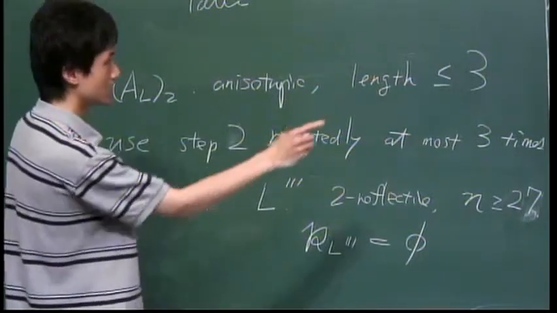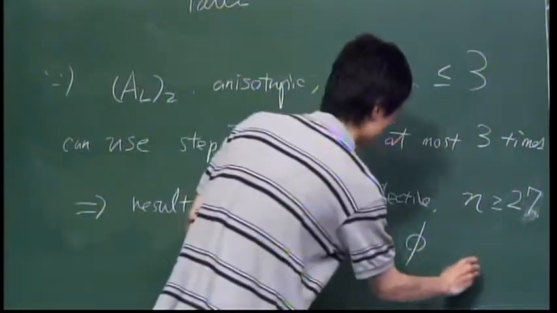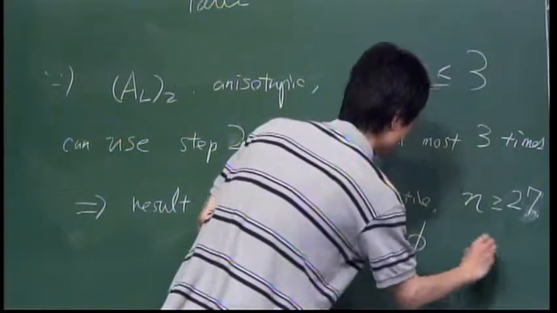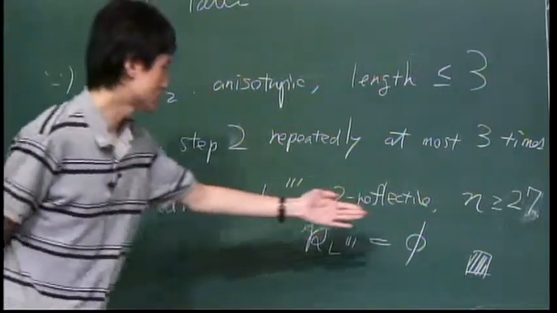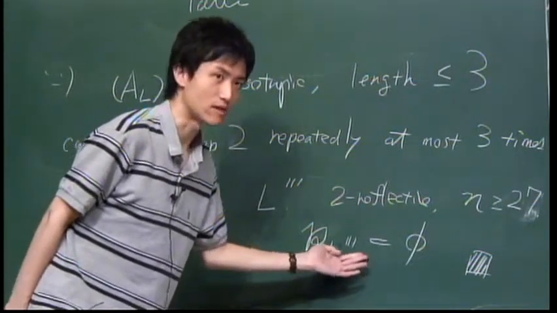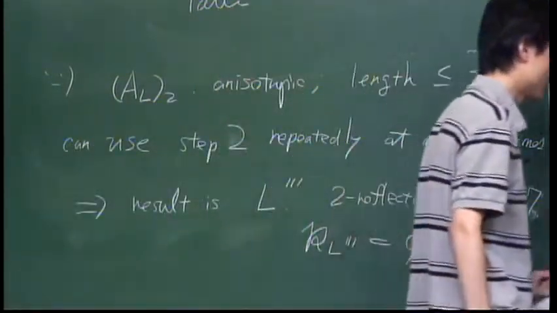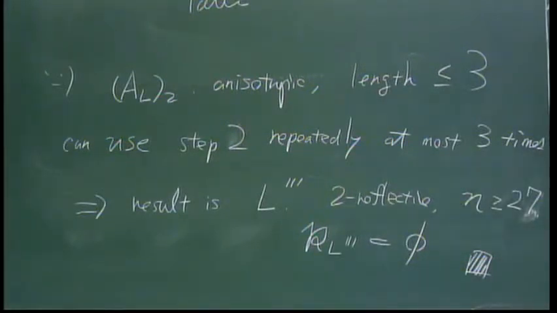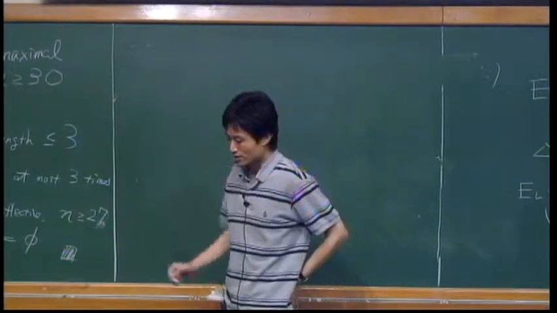So this contradicts step 1, because it must be of exceptional type, but cannot be of exceptional type because it doesn't have such a component. Now it remains to prove the finiteness in the remaining region, dimensions 7 to 26.